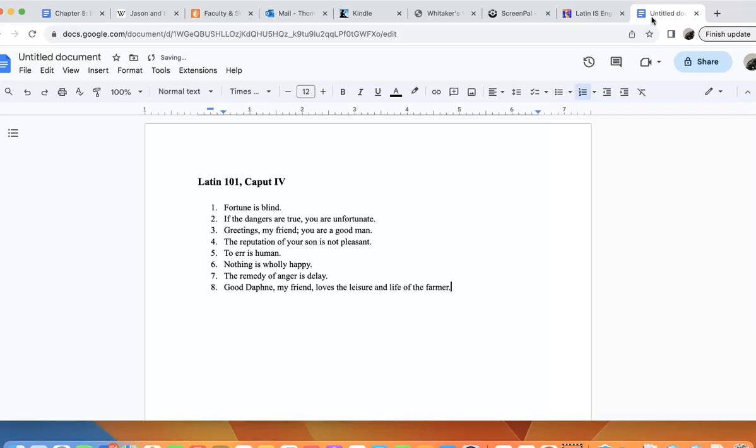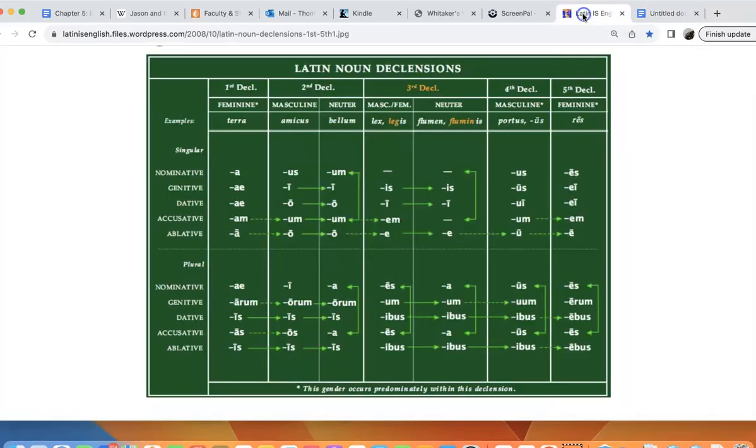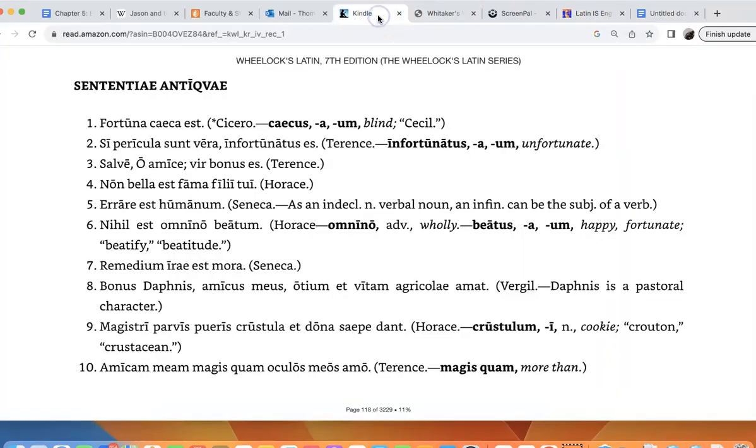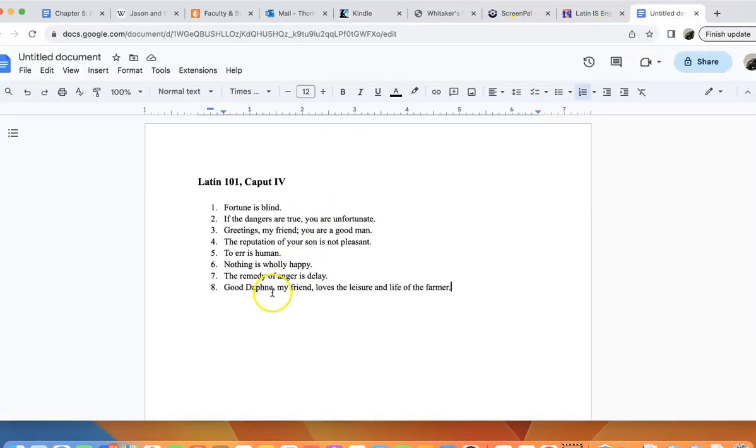Okay. So good Daphne, my friend, loves the leisure and life of the farmer. Let's see, did I spell Daphne right? How are they spelling it here? I guess they're saying Daphnis, which we'll go with. So we'll just keep that original spelling.